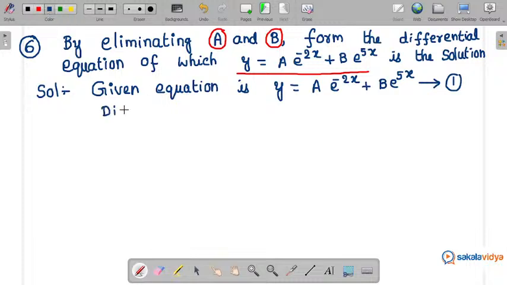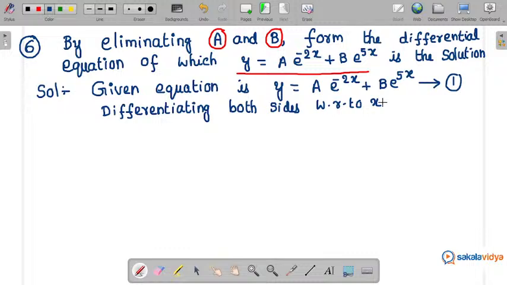Differentiating both sides with respect to x. So then the derivative of y becomes dy by dx or y1.